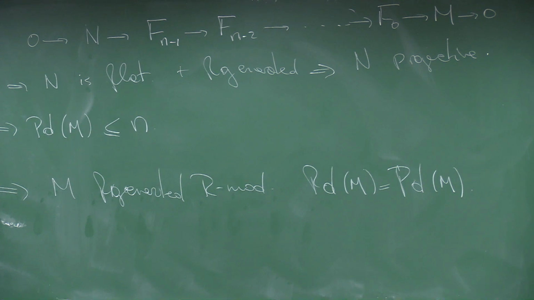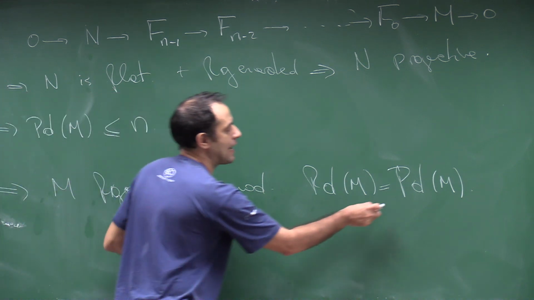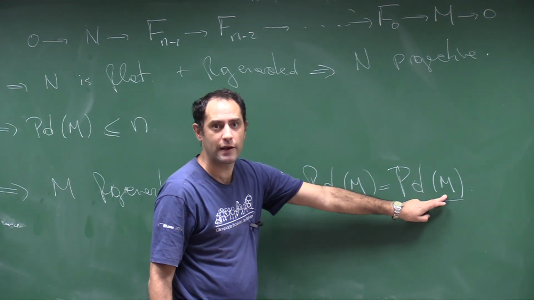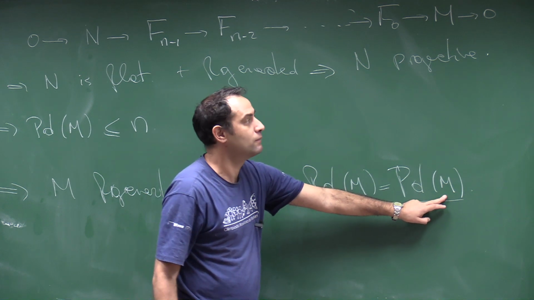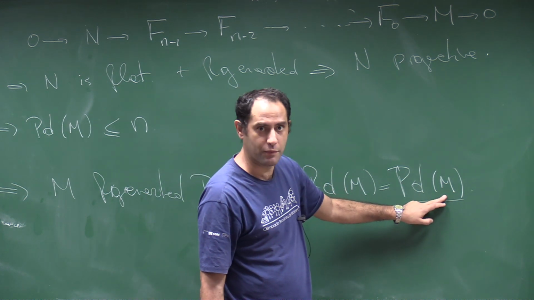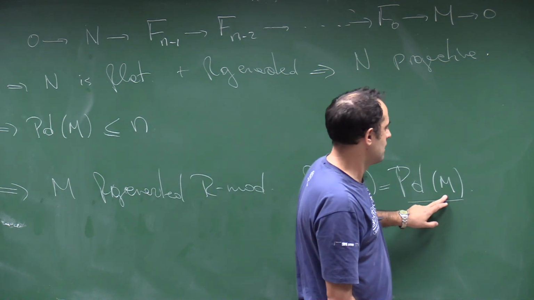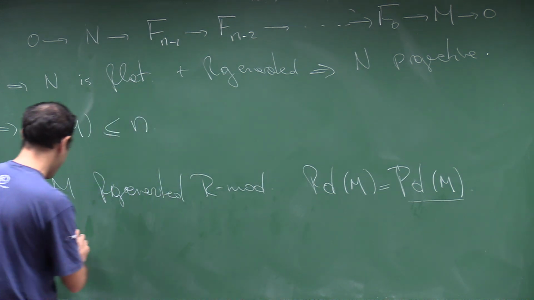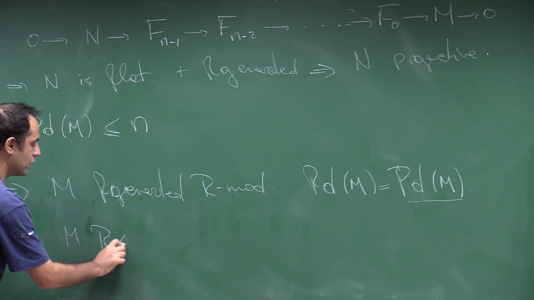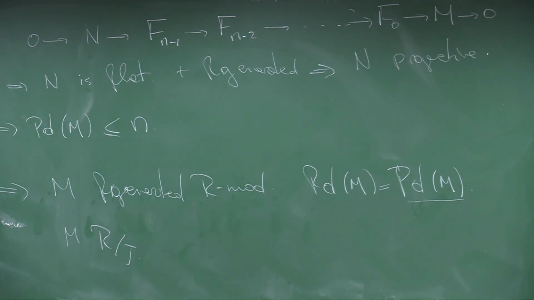Okay, so now the right global dimension of the ring was the supremum of these over all modules, not just finitely generated ones. But on the other hand, by the lemma before, if we take the proof of the theorem, what we needed was to check this for M of the form R mod J for J an ideal.